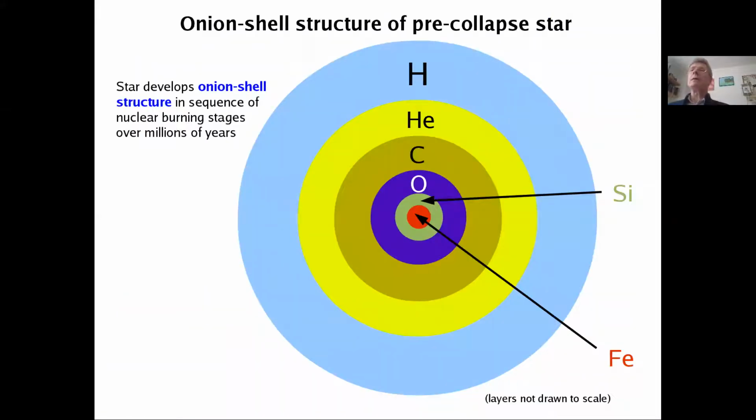One of the problems is connected to the progenitor models, because these models are given to us as ideal spherical conditions, as shown here on this slide. We actually get the progenitor star in its onion shell structure in a one-dimensional model.